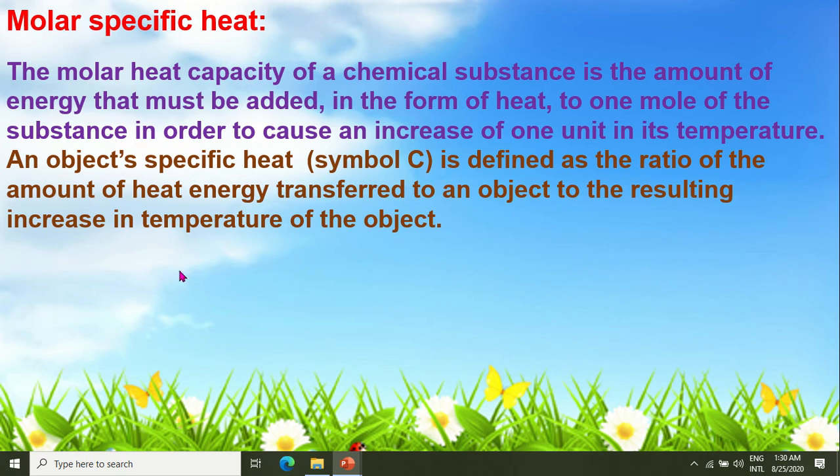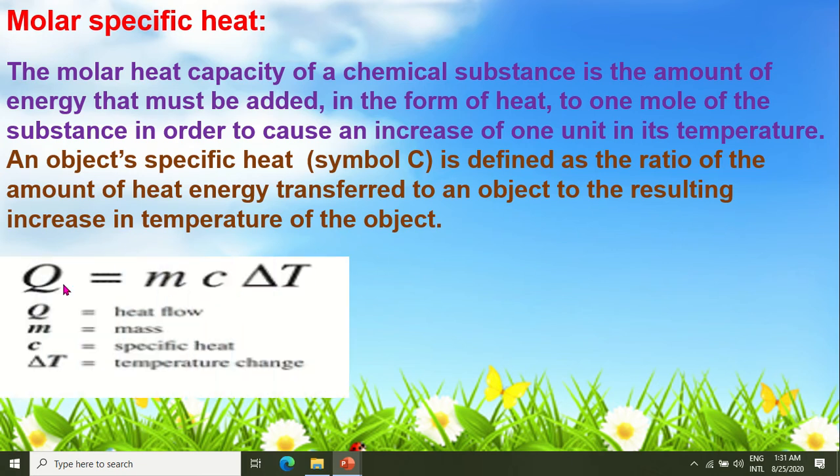molar specific heat. An object's specific heat, symbol C, is defined as the ratio of the amount of heat energy transferred to an object to the resulting increase in temperature of the object. Look, Q equal to mcΔT. Here Q is heat flow, m is the mass, C is the specific heat, and ΔT is the temperature change.